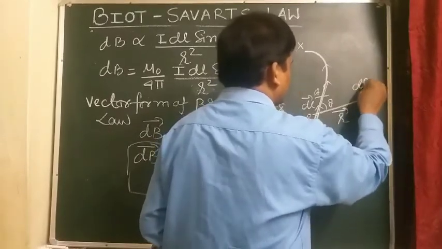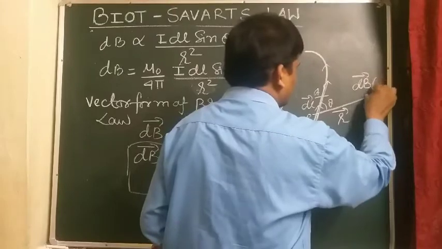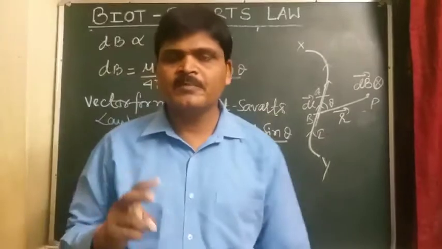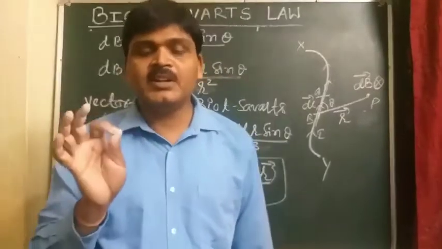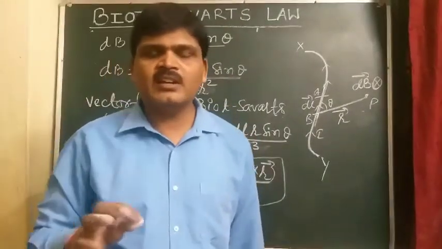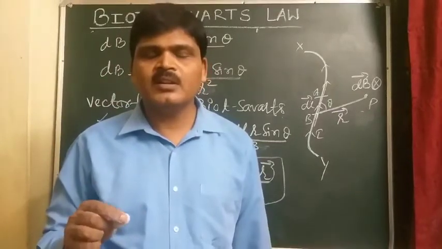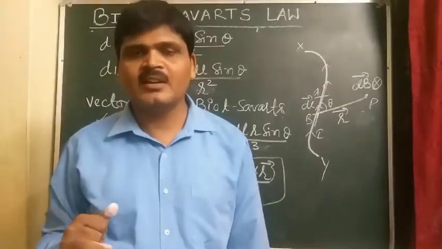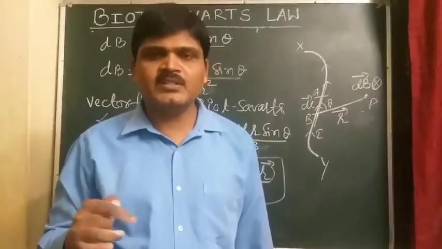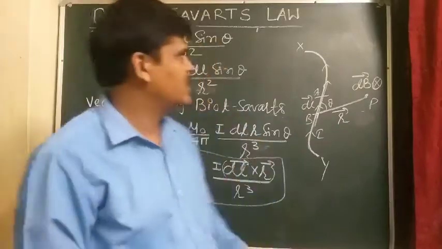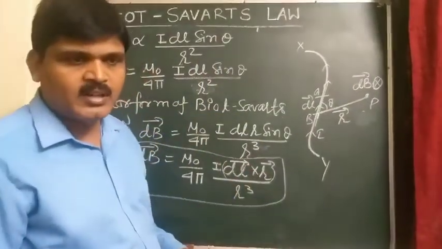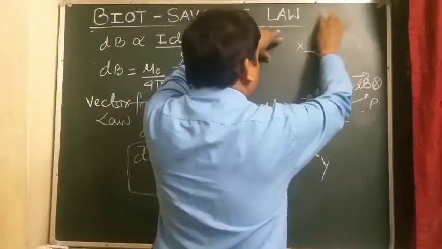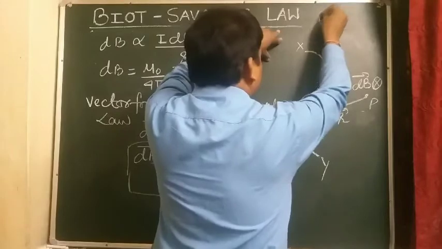The dB vector is denoted by a cross. And one thing should be remembered, student: if the direction of magnetic field is into the plane of the paper, it is denoted by a circle with a cross.